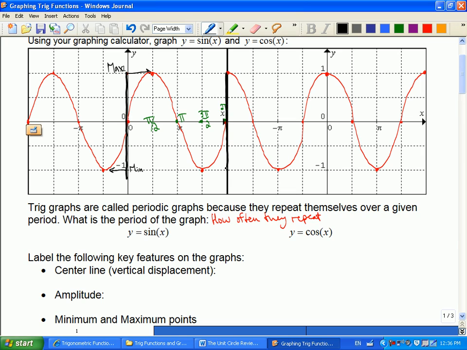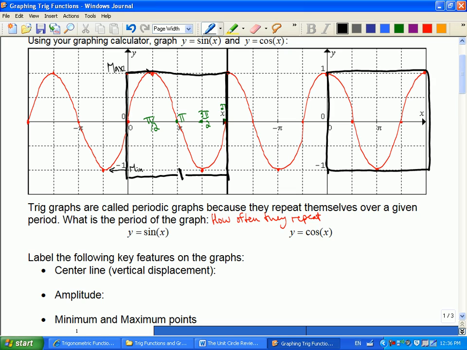Between those black lines, there's one sine graph, one cycle of it. Everything else is a repetition of this black box that I've just enclosed, right? Same thing with cosine. If you box it off like this, that makes up one cycle of the cosine graph.